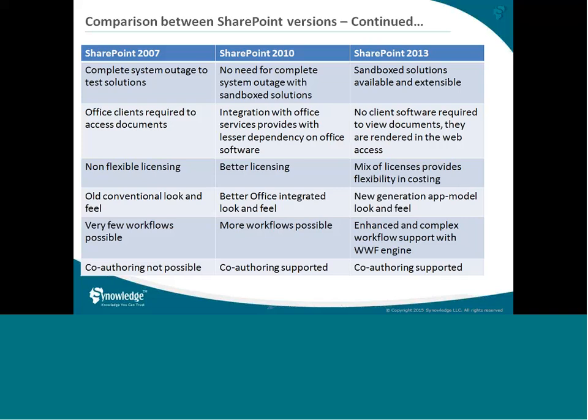And again, one very important feature that I wanted to show you is regarding the costing on the 2013 side: they have now mixed the licensing. If you were on the finance side, you would have seen SharePoint and all the other tools come with a lot of cost on the licensing side. And actually SharePoint is so much better compared to its competitors. Now they are mixing and matching the licenses.